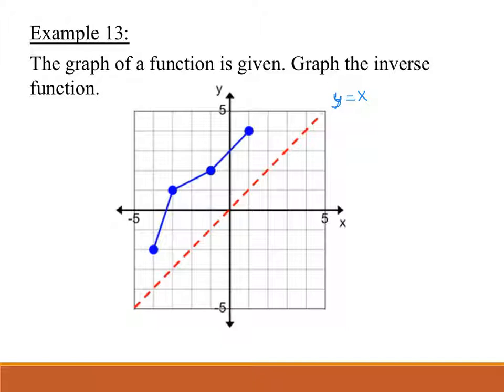So in this case, the mirror image for this particular function is going to start out here. So there's going to be a point here. The next function is going to have a point right here. And then this function is going to have a point right here. And then finally this one is going to be right here.